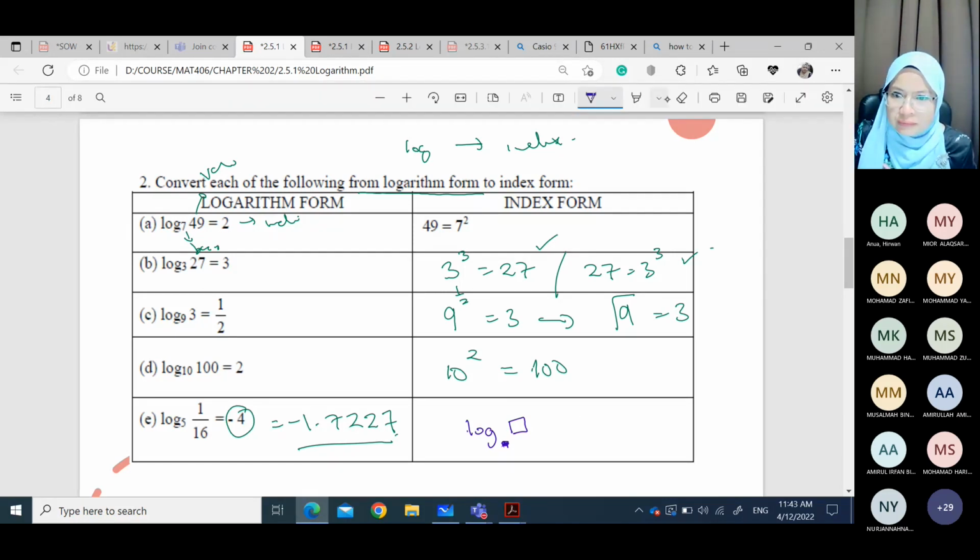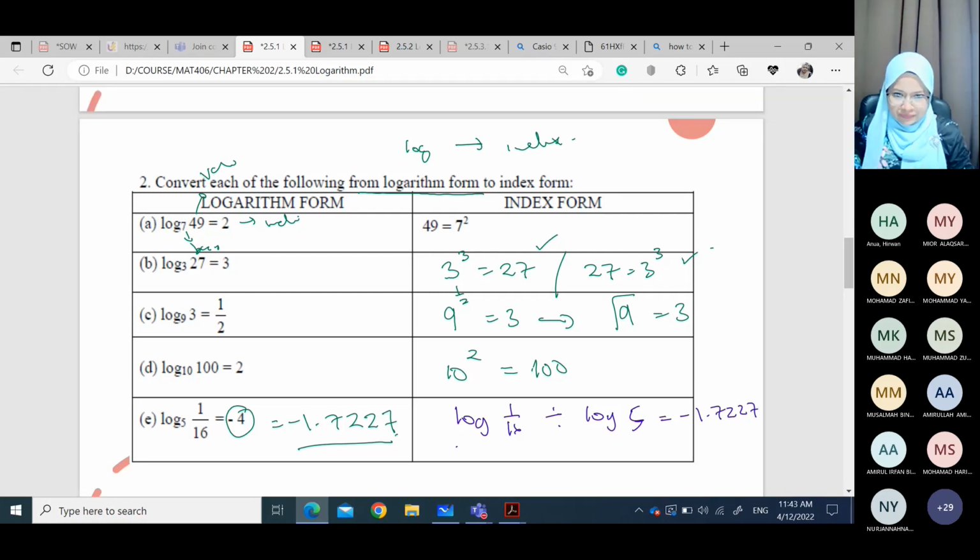Cara dia adalah, you press log dalam log 1/16, divide log 5. Sepatutnya akan dapat negative 1.7227. Dapat tak? Dapat.